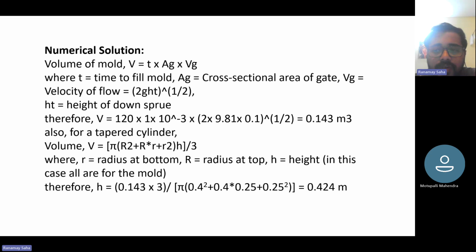So the volume here is given as the time of filling, which is 120 seconds, multiplied by AG, which is actually the choke area, given as 0.85 into 10 raised to the power minus 3.